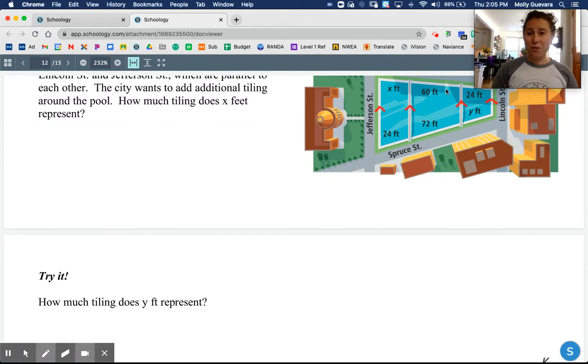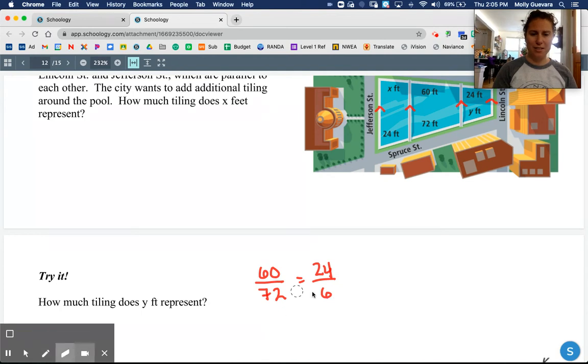Okay, so again, you can set it up exactly as it looks here, and that's totally fine. You can do 60 over 72 equals 24 over y. There's other ways you could have done it: 60 over 24, 72 over y. You could have done 24 over 60, y over 72. Lots of different ways we could have done it. Oh, I put 6. I don't know why I put 6. It's not the answer.